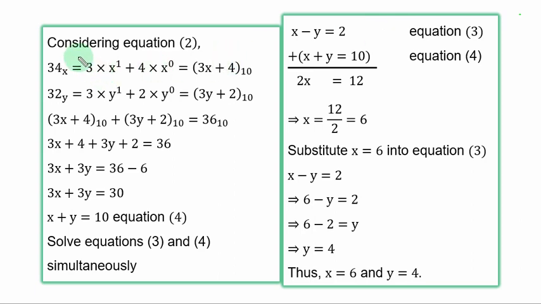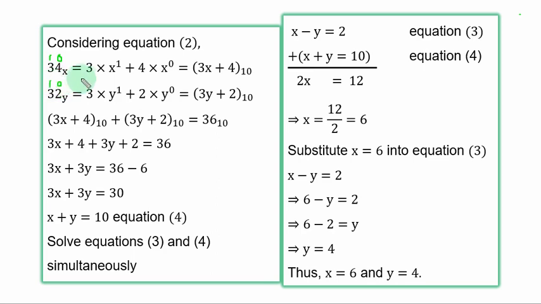Considering equation 2, the first term there is 34 base s, so the positions are 0 and 1. The second term is 32 base y, positions 0 and 1.